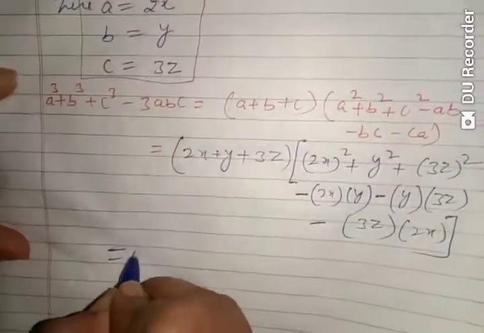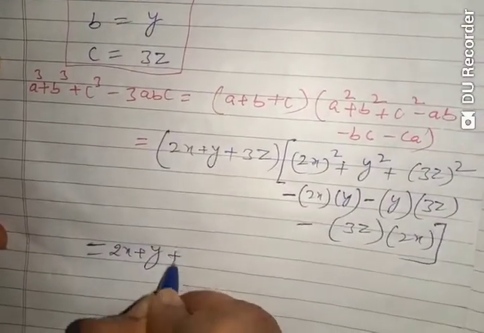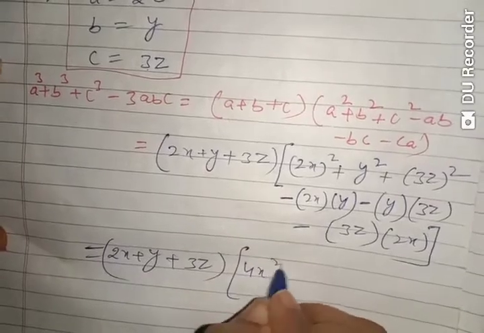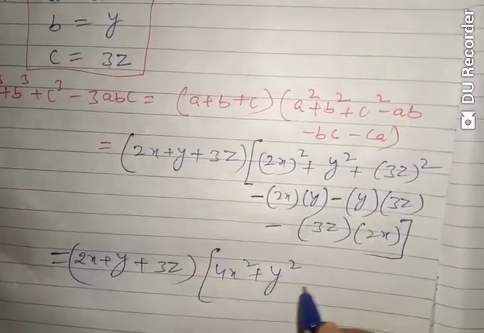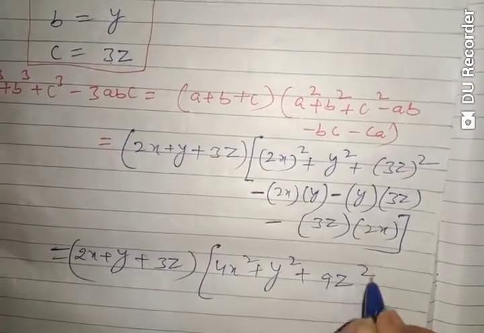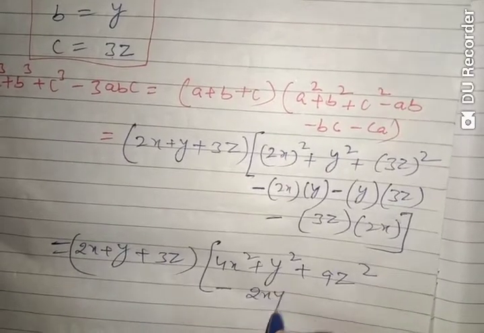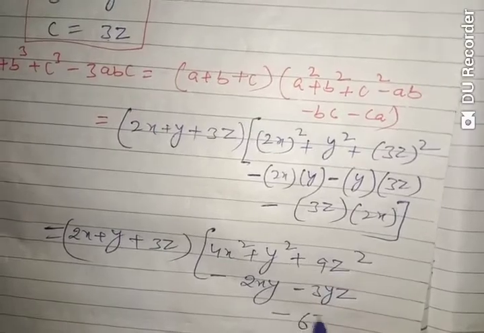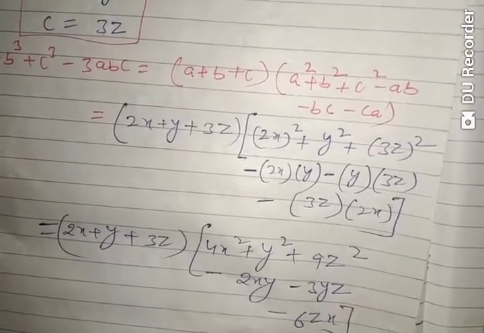Final answer of this question is (2x plus y plus 3z) and (4x square plus y square plus 9z square minus 2xy minus 3yz minus 6zx) is the final answer.